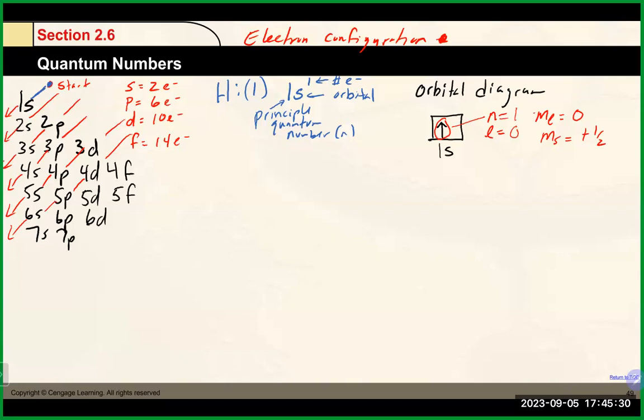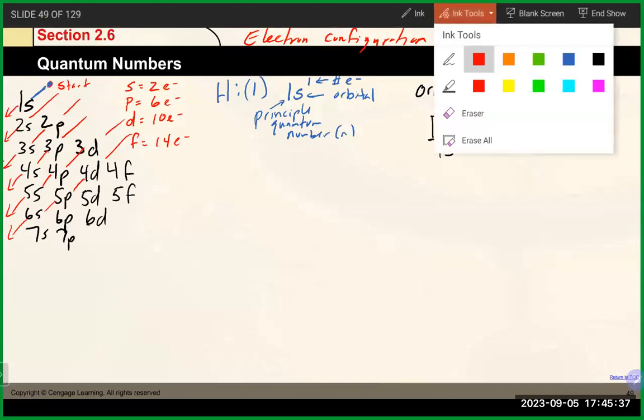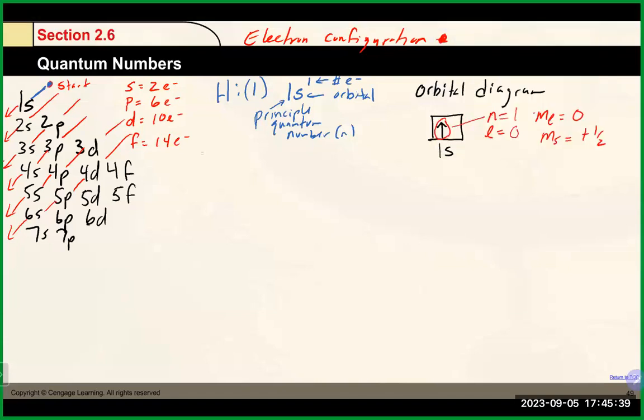All right, so then let's go to number 2 on the periodic table, which is helium. Once again, we will start at the top. Starting here, as we can see from our box, we can put another electron in there. So this would be 1s2.